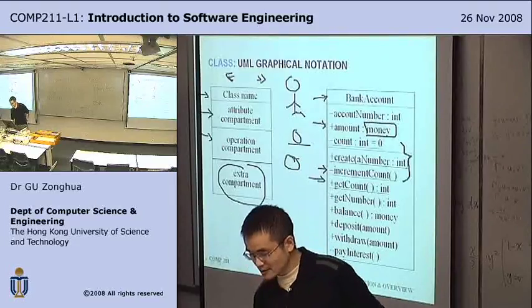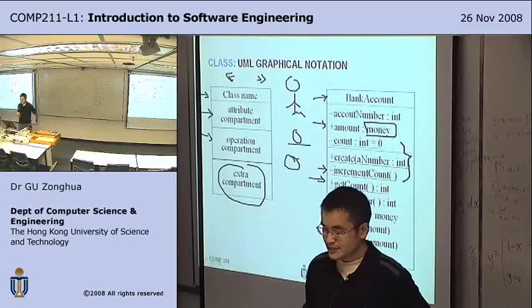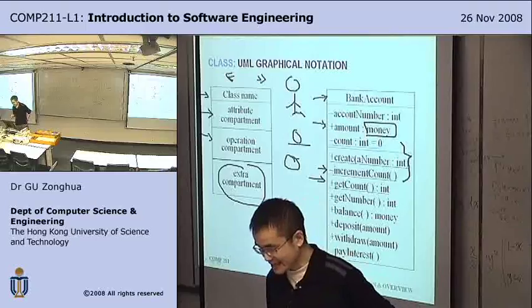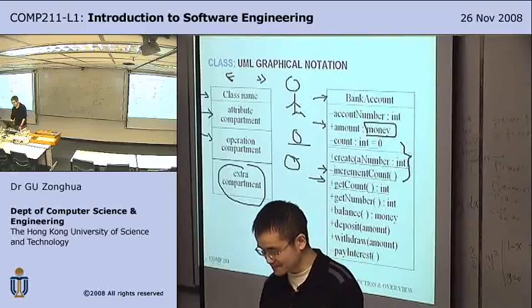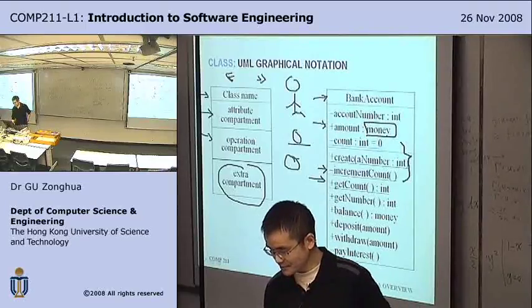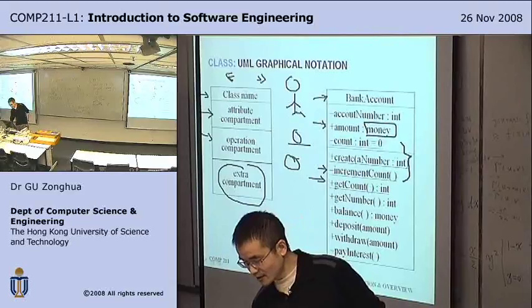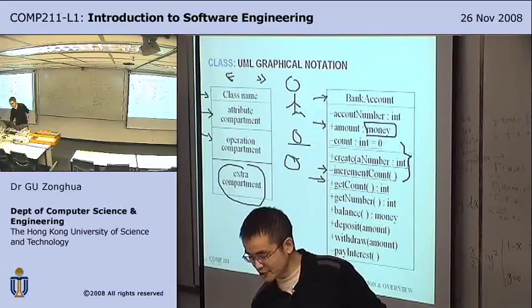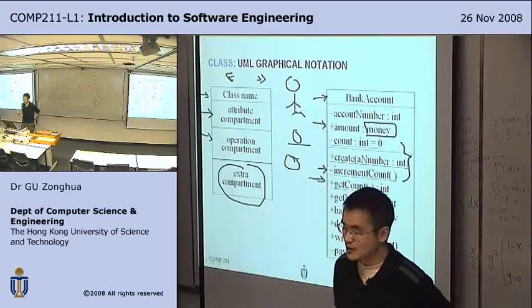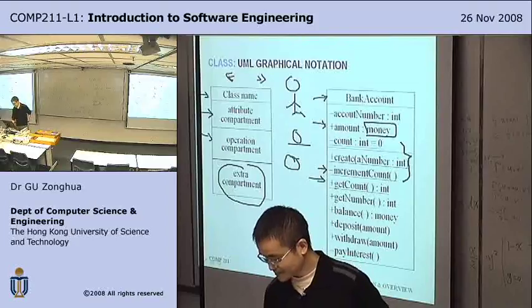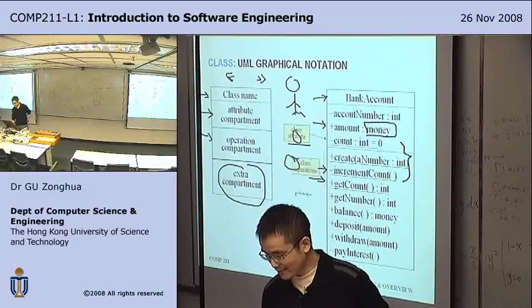It's a public operation, because it has no side effects. It just gets the count of the total number of objects. So all the others are object attributes and operations. They apply to a single object. The others are class attributes and operations.